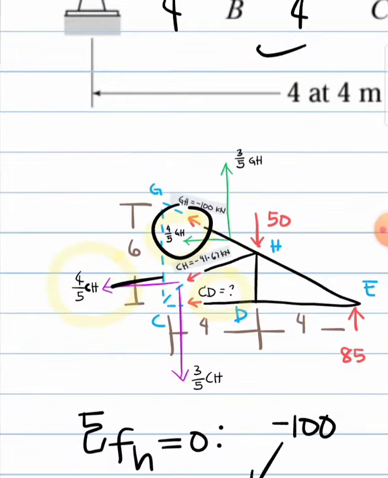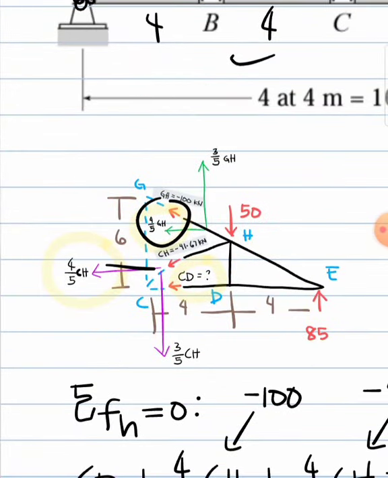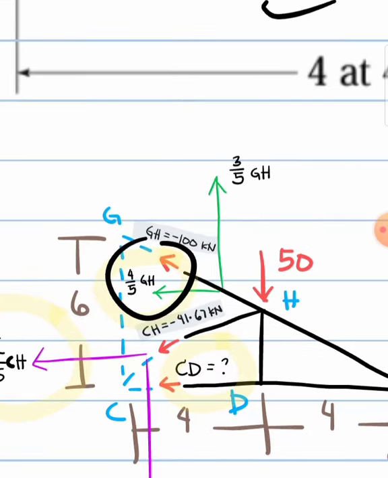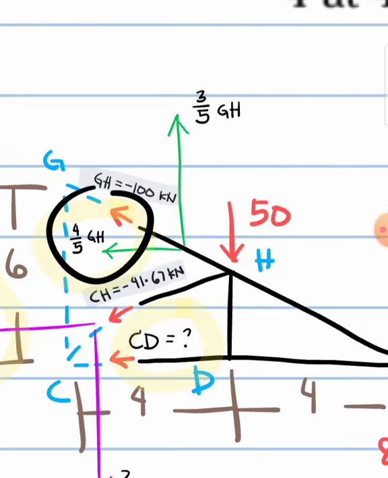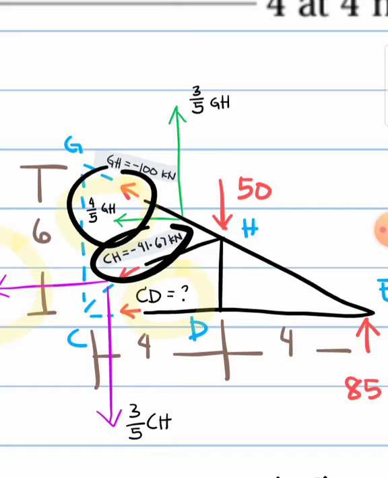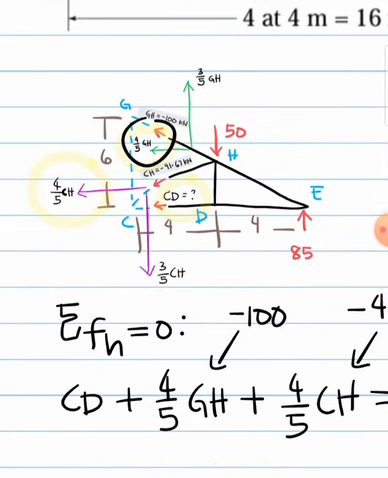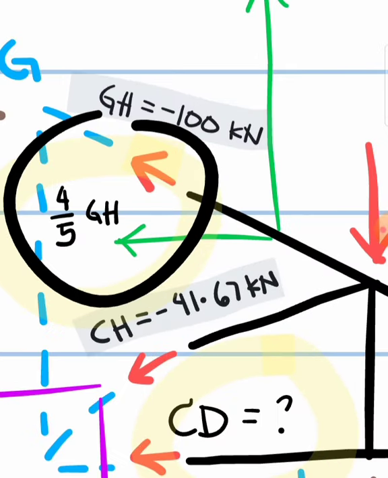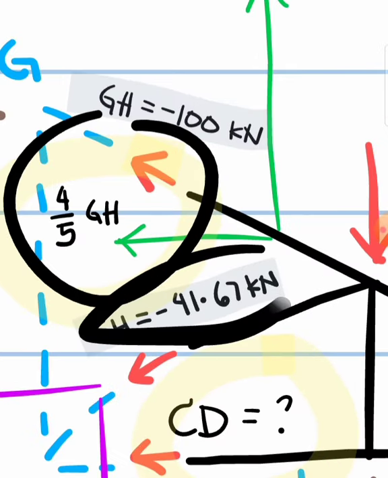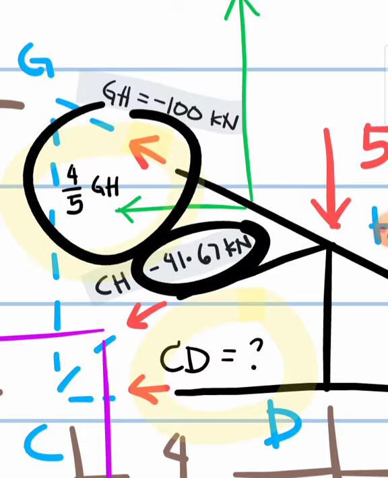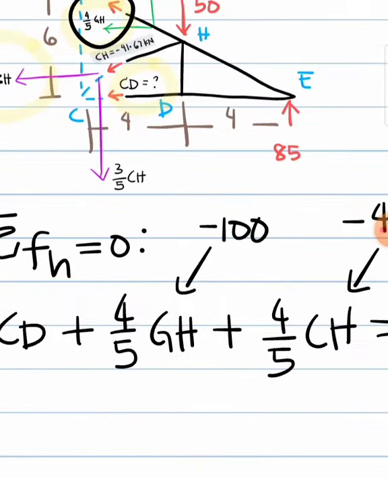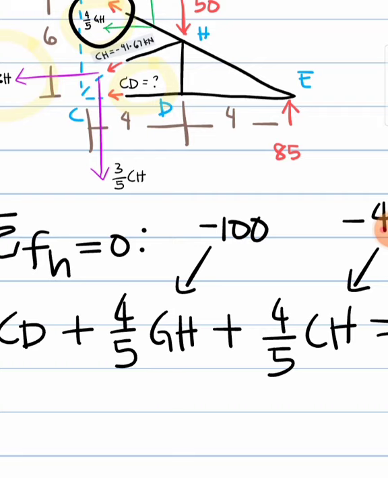Just don't change your assumption yet here, because this 41.67 should be compression, right? Since it's negative, this tells us that this is also compression. So our assumption is tension, and then it is negative, so it is compression.